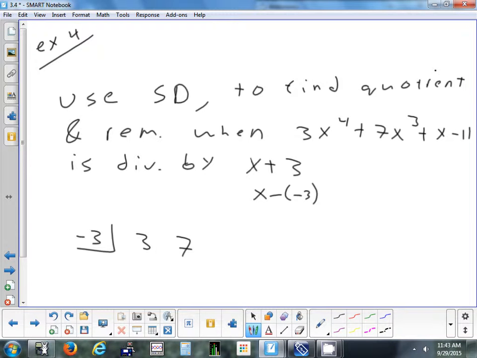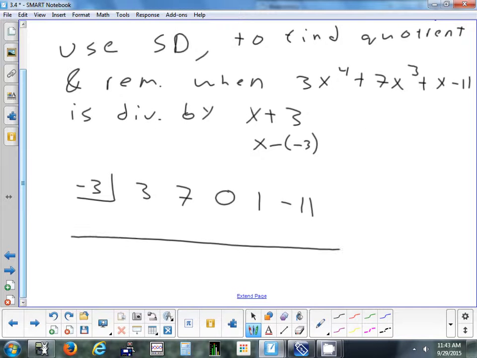3, 7, 0, 1 and -11. A lot of people forget the 0. Okay, you can't forget the 0 because there's no squared term here. Any question on that?